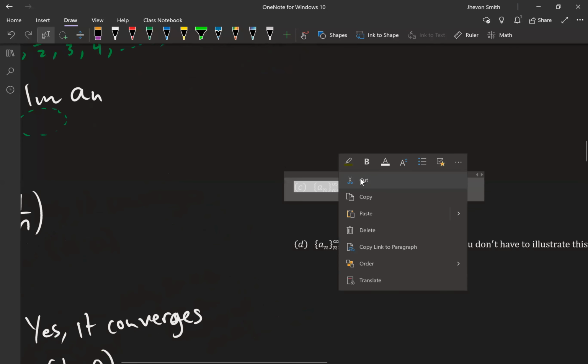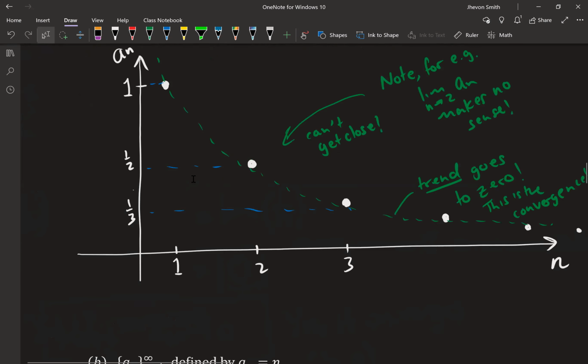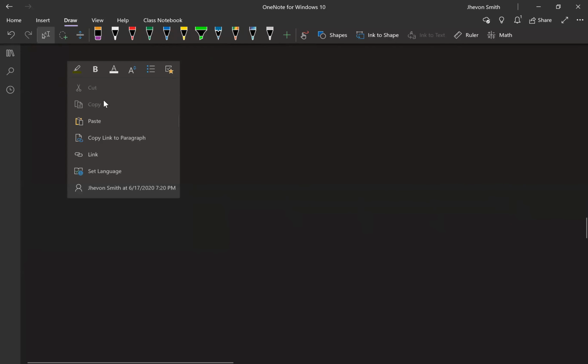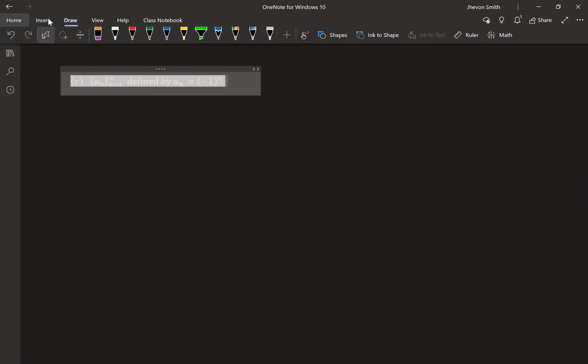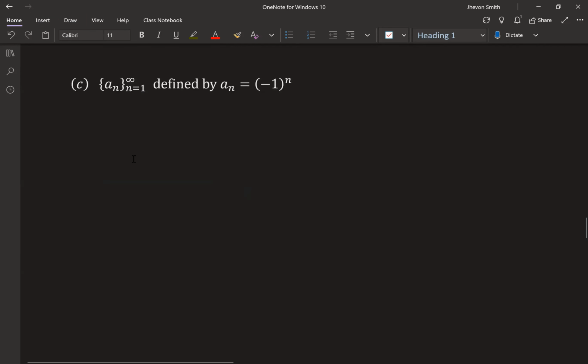Here's another one, and this is a very important kind of expression. So this serves as an example as well as an introduction to this kind of expression. a_n equals minus 1 to the n. I want you guys to notice what this would look like.